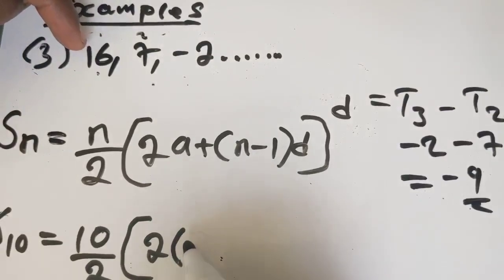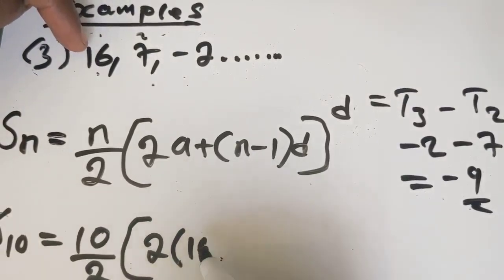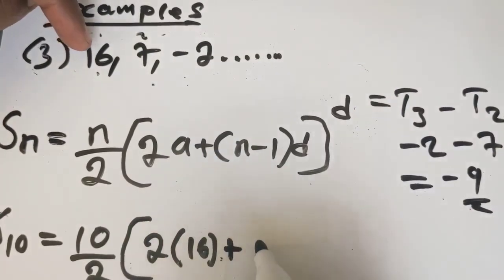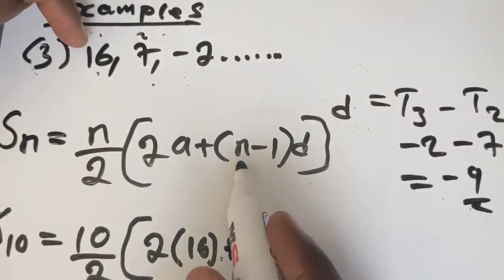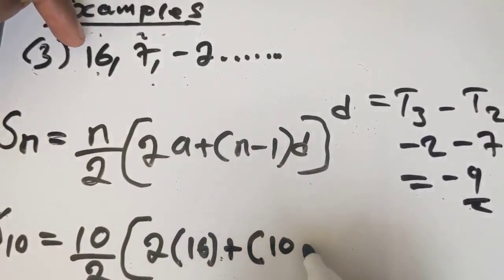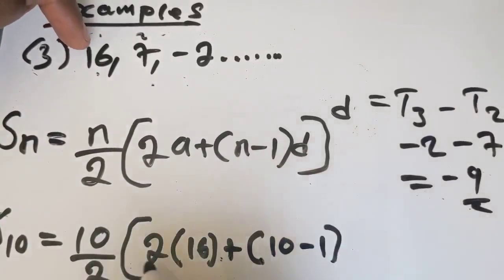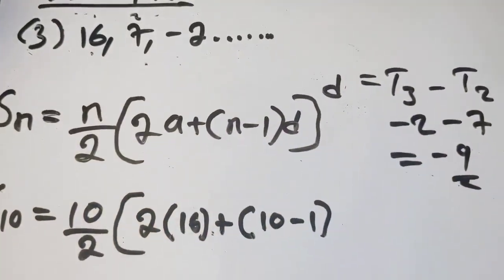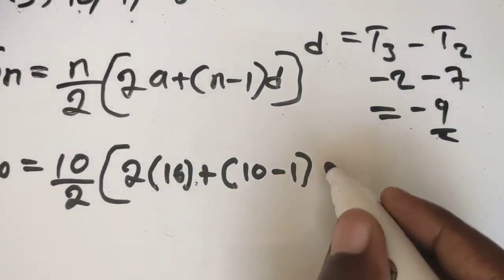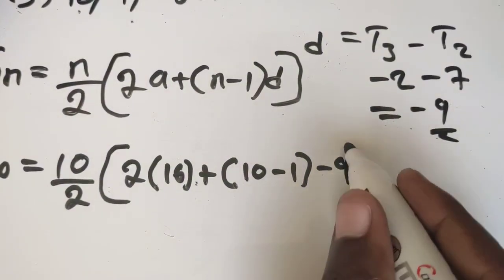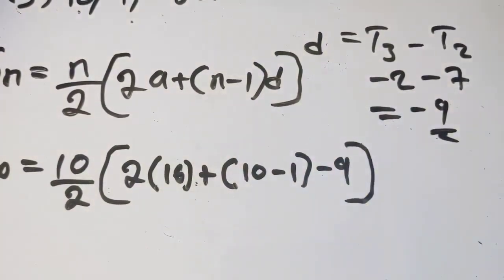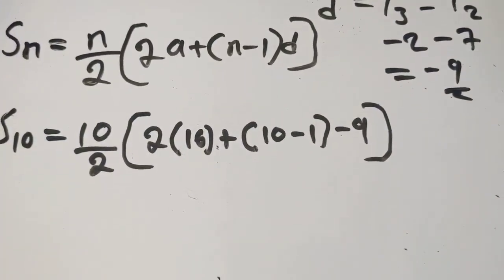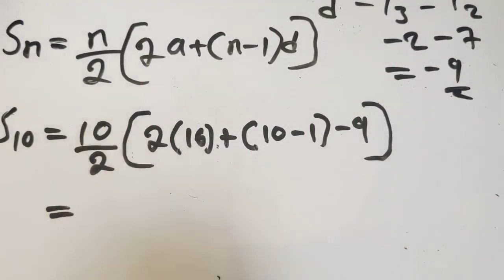Then plus, open bracket, n is 10, minus 1, since n is the number of terms. Then the common difference is negative 9. Then you close the bracket. Just follow the way I'm solving it for you to get all the marks.